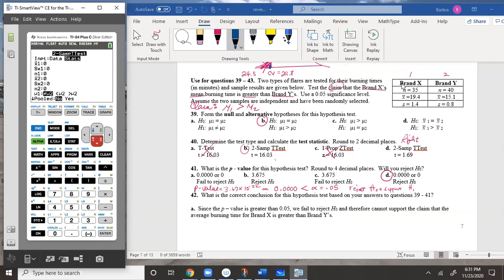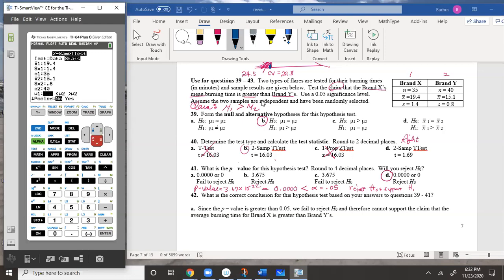The mean of group 1 is 19.4. The standard deviation of group 1 is 1.4, and n is 35. And now group 2, the mean is 15.1. The standard deviation is 0.8 and n is 40.